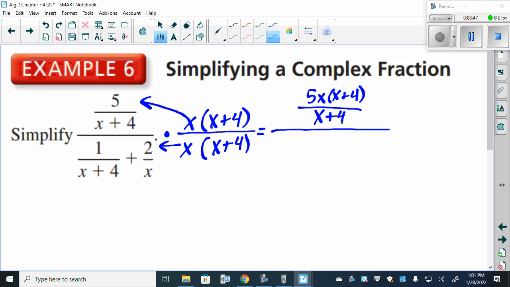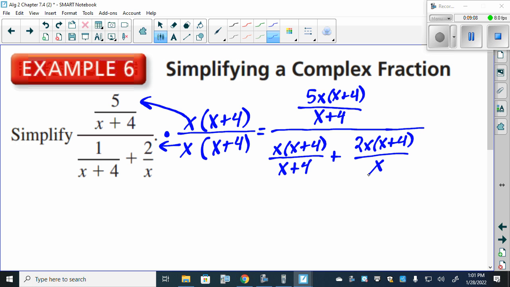In the bottom part, we're going to have x times x plus 4 times 1, which is just going to be x times x plus 4 over x plus 4. Plus, here we're going to have 2 times x plus 4 all over x.